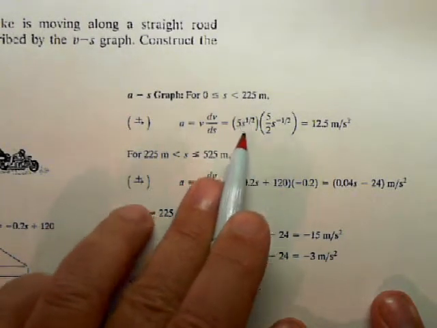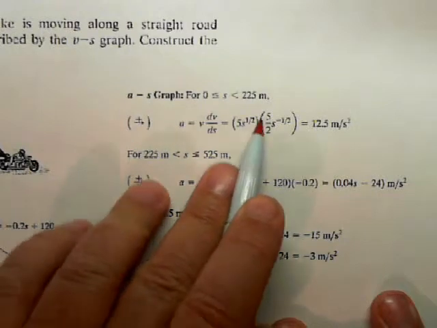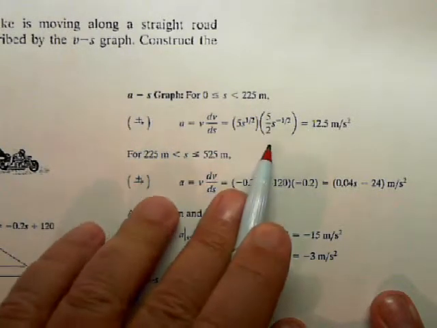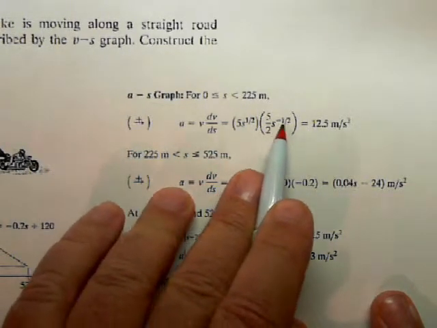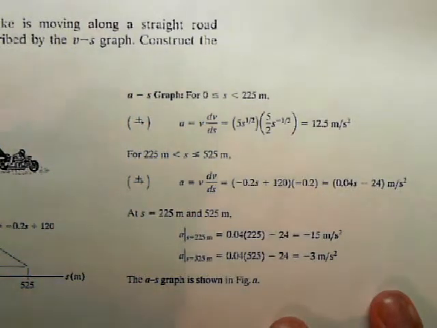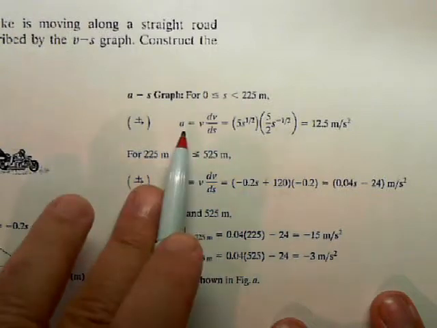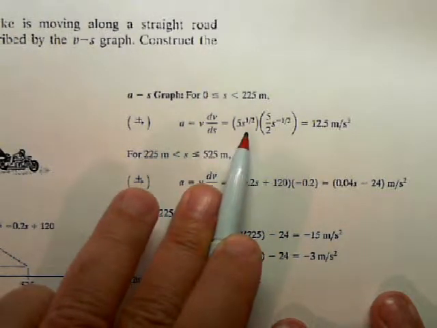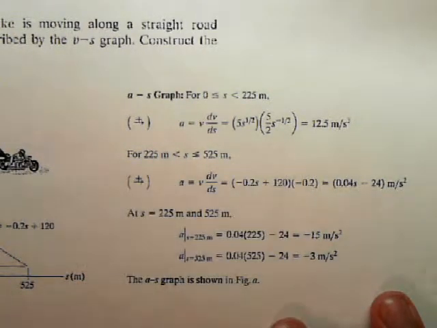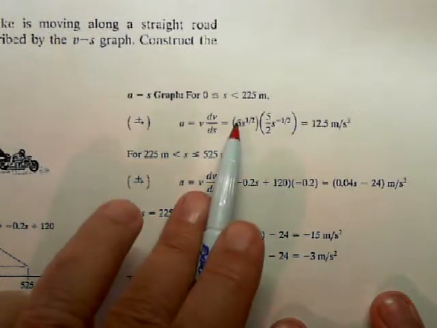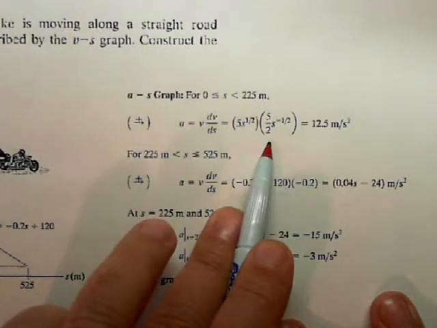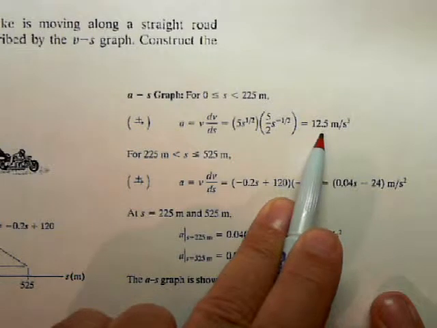We simply have to take the derivative of this thing, and the derivative of this thing is 5/2 times S to the minus 1/2. Okay, and it turns out that the S to the positive 1/2 and the S to the minus 1/2 cancel, and we end up with 25/2, or we end up with the acceleration as constant.